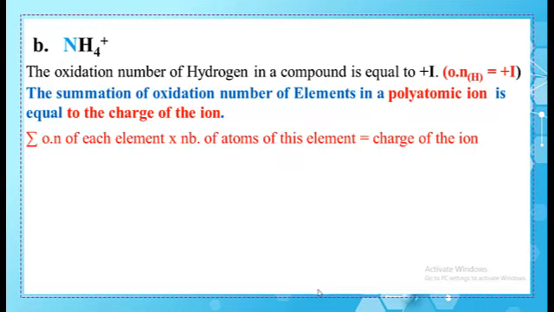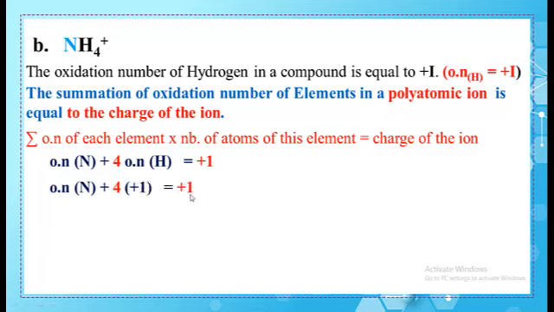So the summation of the oxidation number of each element times the number of atoms of this element equals the charge of this ion. Then the oxidation number of nitrogen times 1, because there is only one nitrogen atom, plus the oxidation number of H times 4 equals the charge of this polyatomic ion, which is +1.